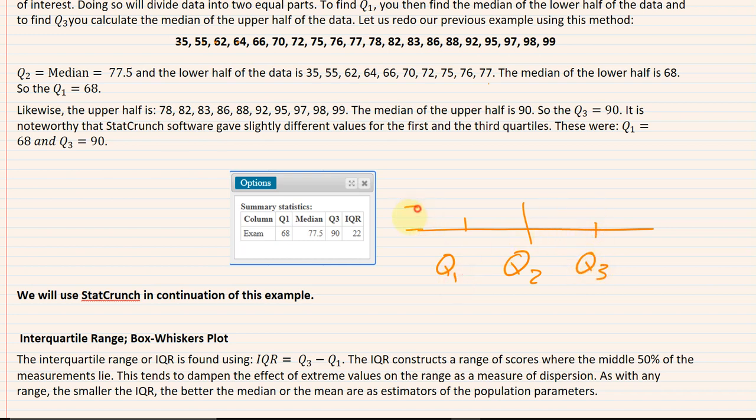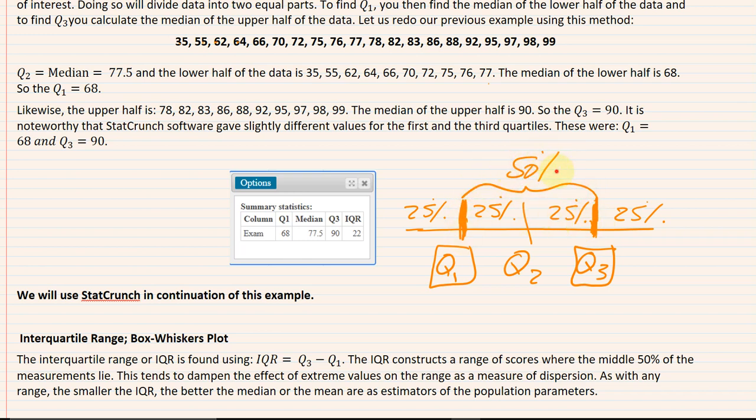Remember, 25%, 1/4 of all your data points lie in these sub-intervals. So in the range from Q1 to Q3 lies the middle 50% of your data, true? So it gives us an idea about the spread of the middle 50% of our data.